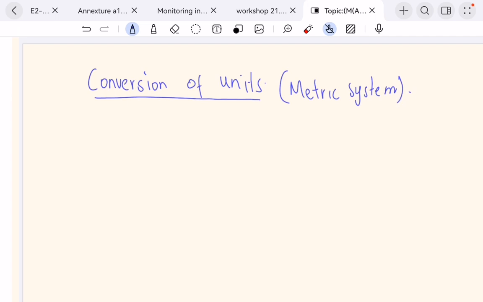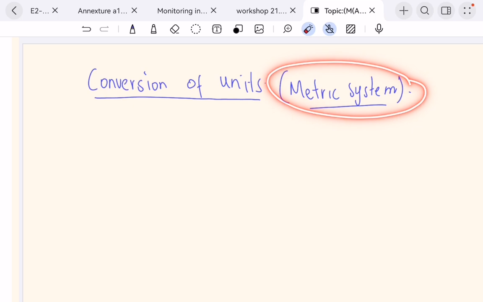What the metric system is, is just a list of units that we are using when we are measuring the size of an object. So don't be surprised when we use this word more often.